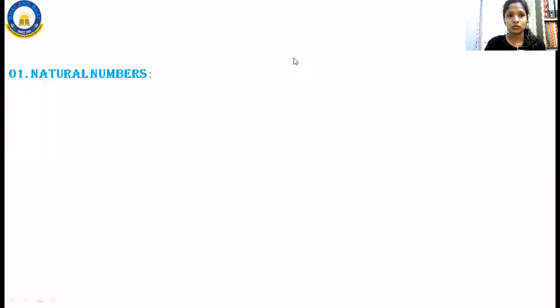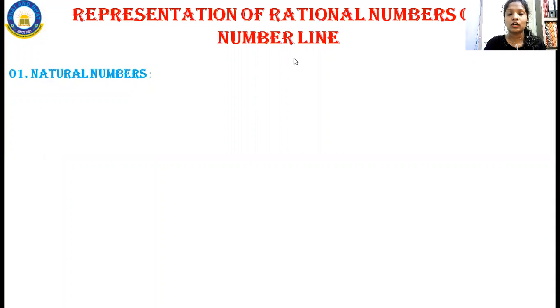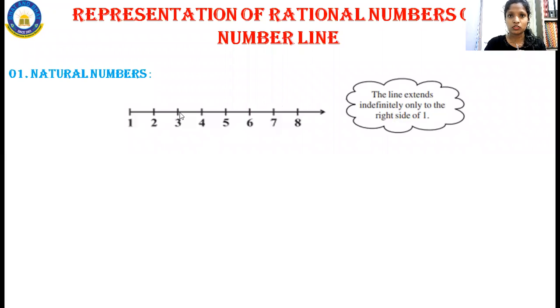So here in today's session, we'll be knowing about the representation of the rational numbers on the number line. So here you can see the natural numbers. Natural numbers are the counting numbers which start with 1 and end with infinity. And in the number line, how to represent that? You can see the number line over here.